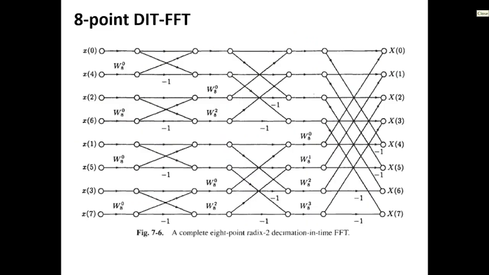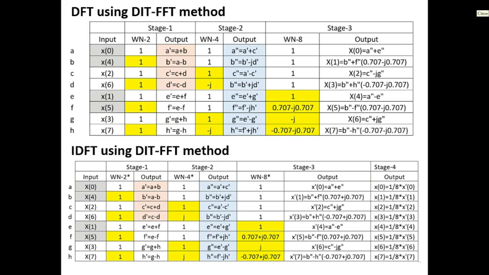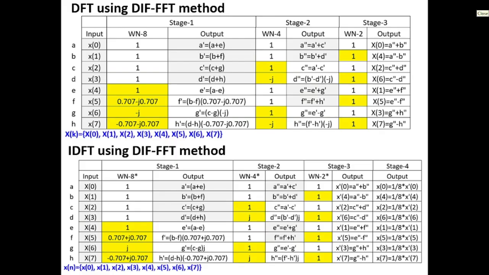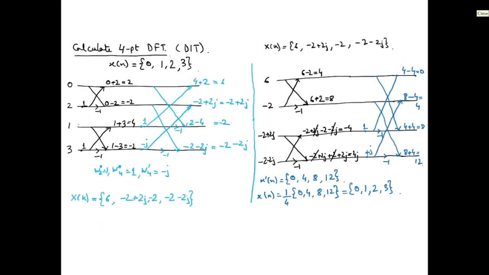So this is the 8-point DFT. I will take an example first, and then we can go for this one. For the 4-point DFT, if you see, our signal is 0, 1, 2, 3. Okay, so it should be in the decimated order. See, 0, then 2, then 1, 3.